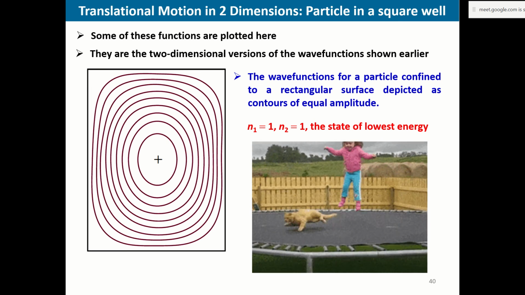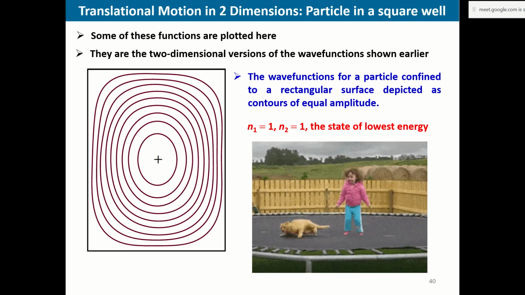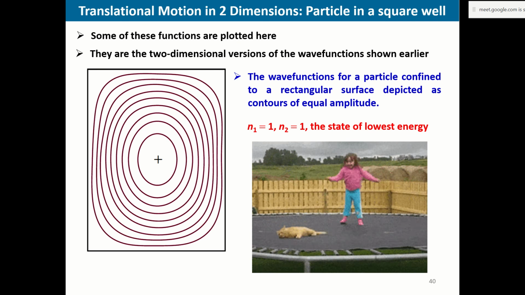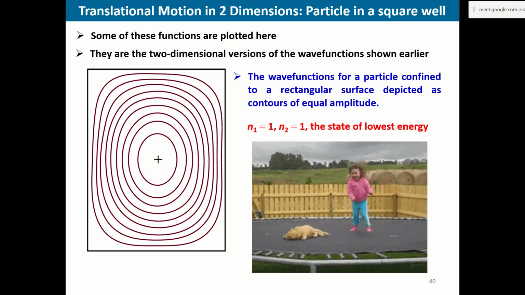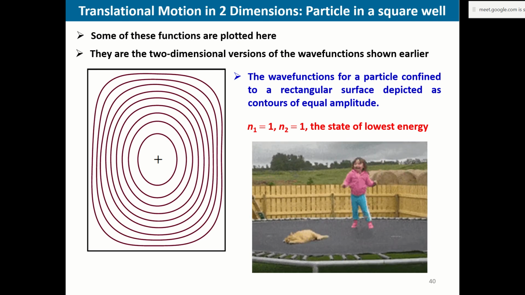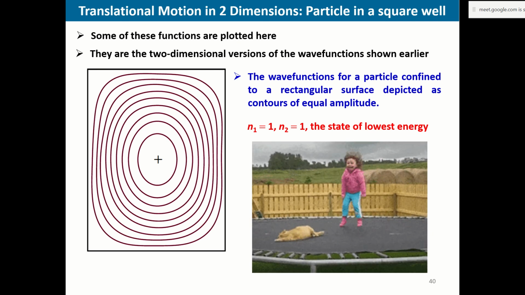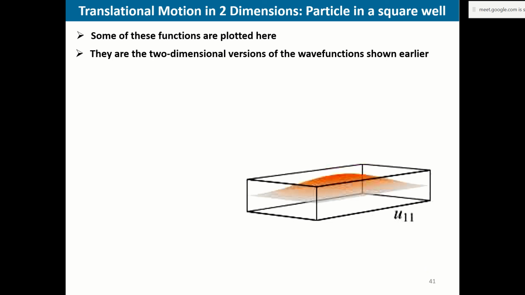This is how we assign it, and how we draw it on a two-dimensional frame. So this positive sign means it is moving up. Here is the two-dimensional wave function.